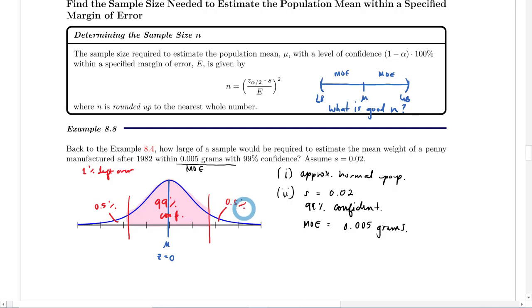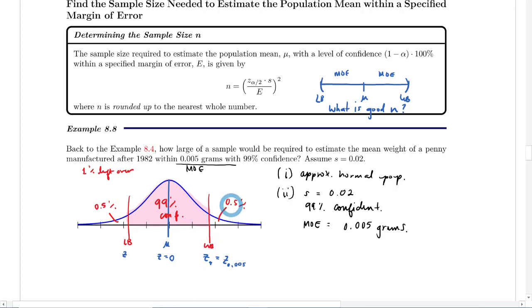Right. And so here are the lower bound and upper bound. We're not going to worry about that, but what we want to talk about is we have the z-score with respect to this area to the right. Remember that we said that this was z sub alpha, right? So this has to be z sub 0.005, right?